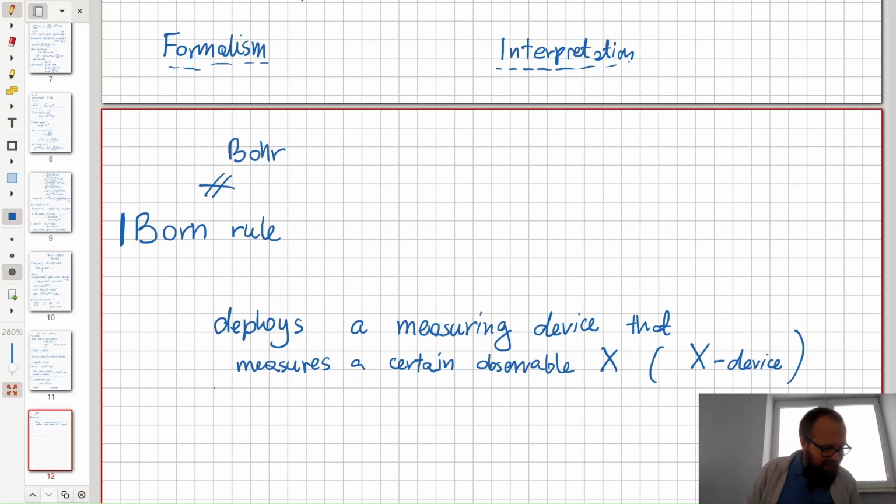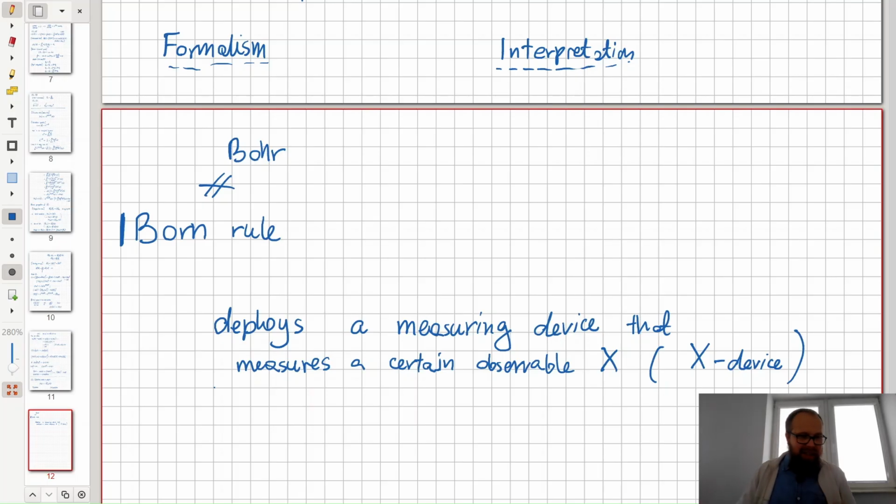Okay. Then there is no explanation of what a measuring device is, how it's built, all the details of its physical construction. These are unspecified. It's just silently assumed that we are able to either construct such an X device or appropriate some object, some system, this cup, to use it as a measuring device.